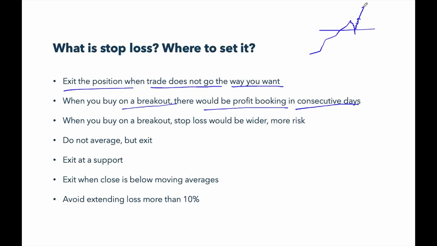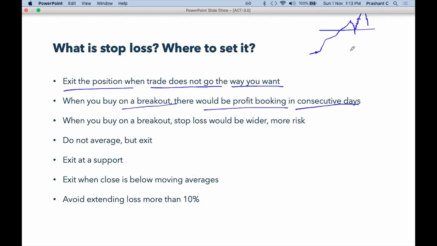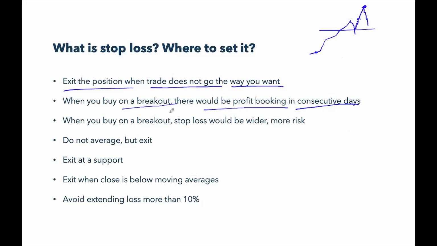Maybe there could be a BTST trader, that is, buy today, sell tomorrow. He will be selling tomorrow. There would be a positional trader who maybe bought here and thinks the breakout has come, now the price would come down, so he will exit his position. So there would be selling pressure when a breakout happens. The reverse is also true.